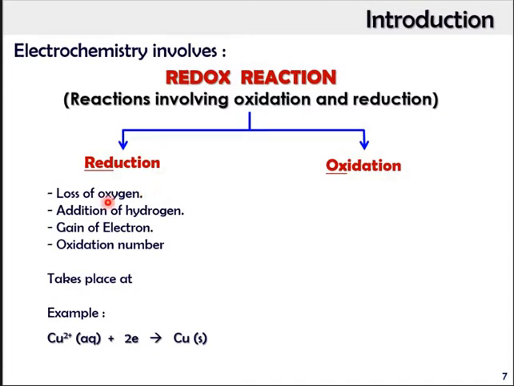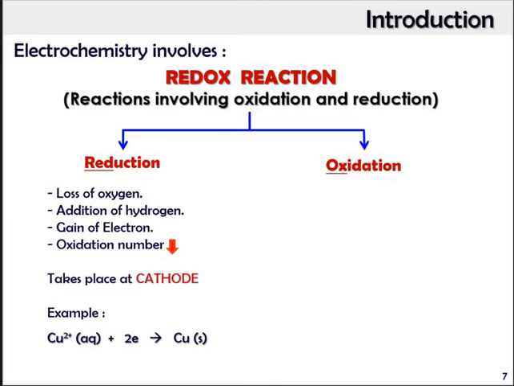Reduction involves loss of oxygen and addition of hydrogen. It gains electron and oxidation number decrease. For reduction, oxidation number decrease. So, reduction process takes place at cathode.